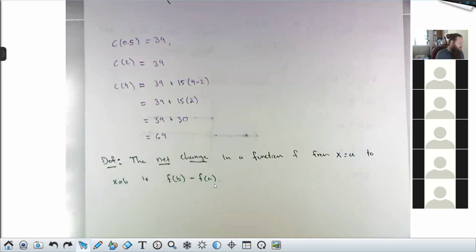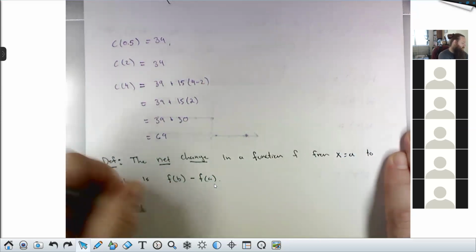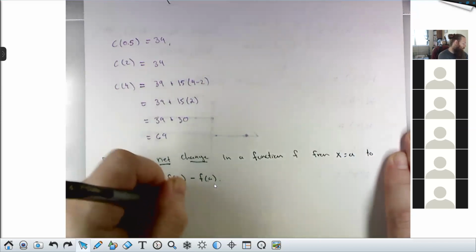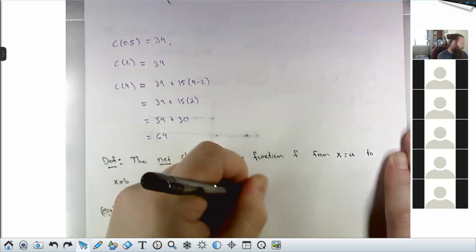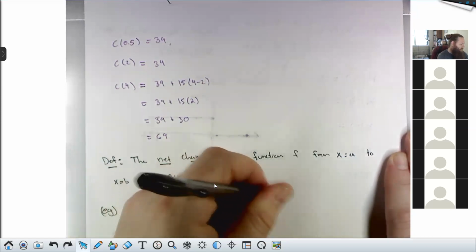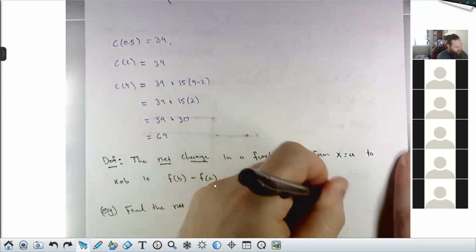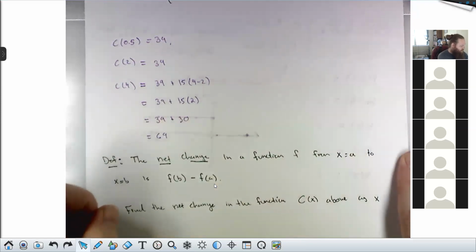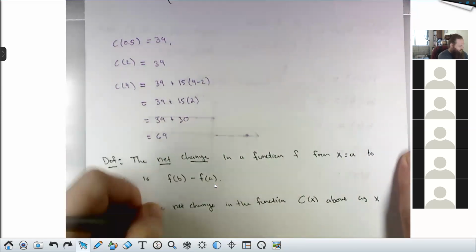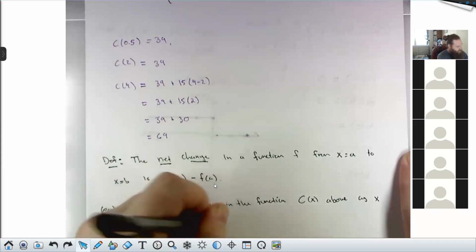So for example, with the function above, find the net change in the function C of x above, as x goes from x equals 2 to x equals 4.